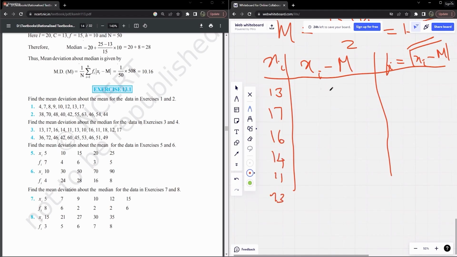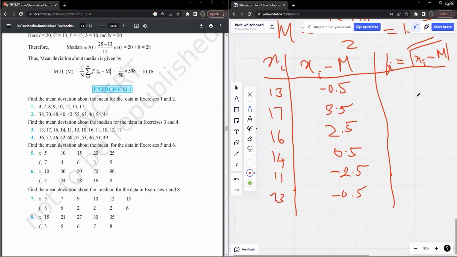And over here, since the median is 13.5, just directly subtracting it, 17 minus 13.5 becomes 3.5. This is 2.5. This is 0.5. This is minus 2.5. And this is minus 0.5.